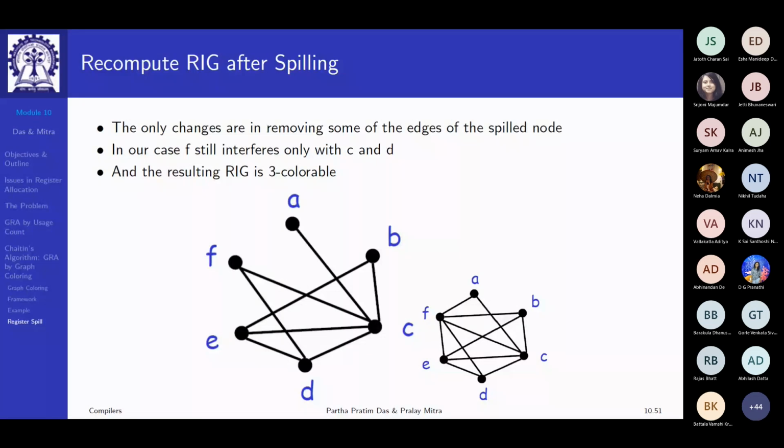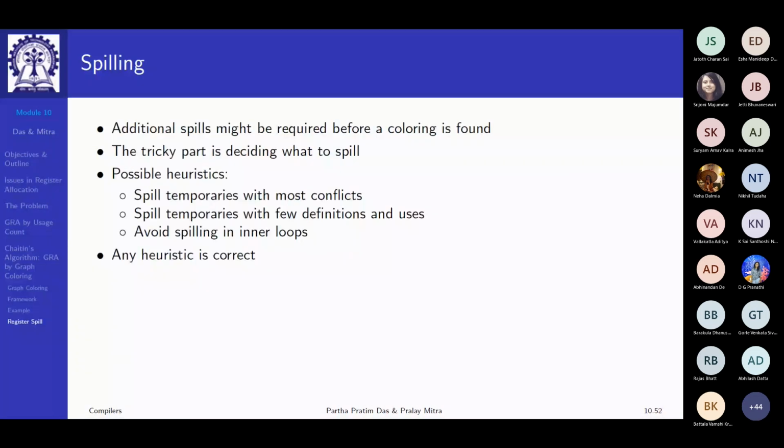Then I will need to do further spilling. So in this way, I'll be able to come to a point with multiple spilling, which fits into the number of registers that we can actually have for allocation.